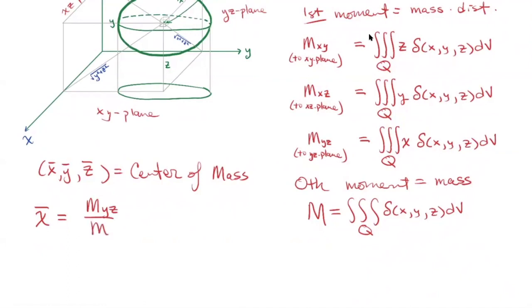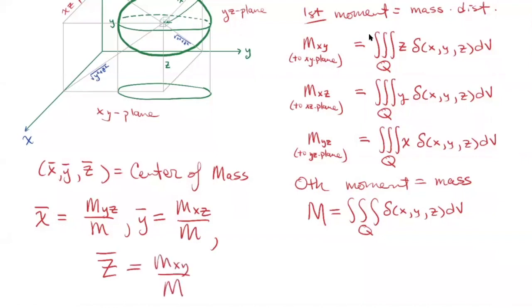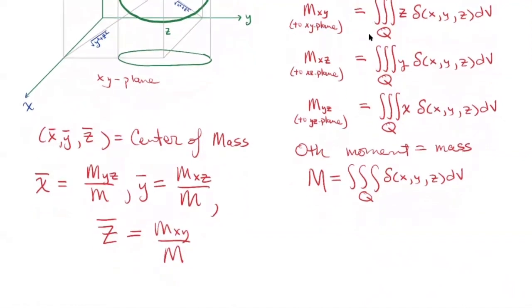But you just have to remember whatever variable is not mentioned is the coordinate you're finding. So in x bar, there shouldn't be an x mentioned in the moment. And of course, for y bar, you don't mention the y, so it's mxz over m. And z bar is mxy over m. Okay, so that's all just really bad because it's a lot of integrals.